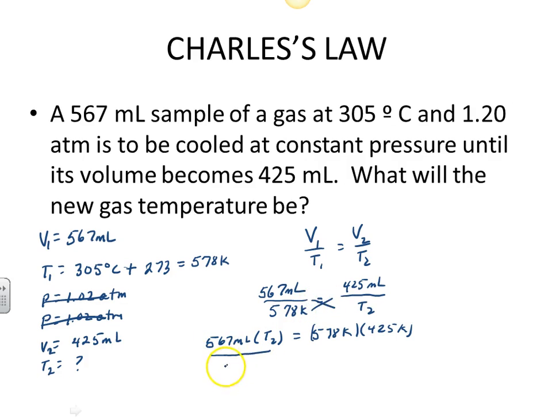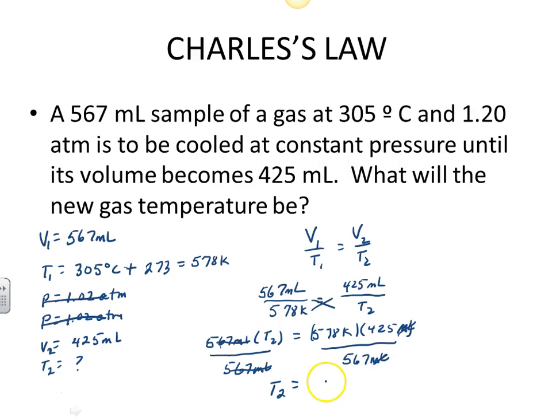We then divide by 567 milliliters. And T2 is then equal to, in Kelvin, because milliliters will cancel. I'm sorry, this is supposed to be milliliters. I had a unit issue there. Milliliters cancels. I'm left with Kelvin.